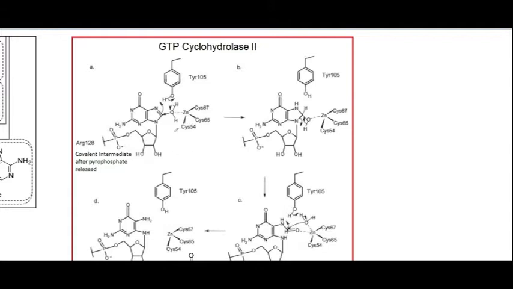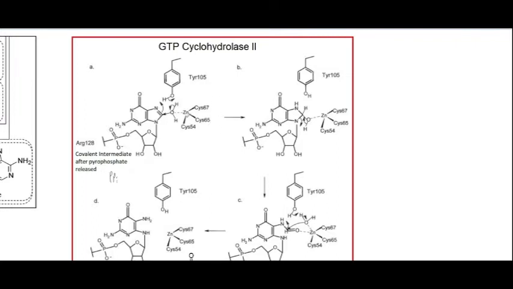And so the first thing that happens is the GTP here. So this molecule here is the guanosine triphosphate, goes into the active site, and this arginine 128 actually binds to the first phosphate on it, so it releases pyrophosphate. So the pyrophosphate comes off as we form this covalent intermediate.